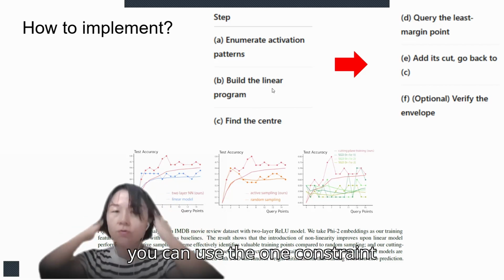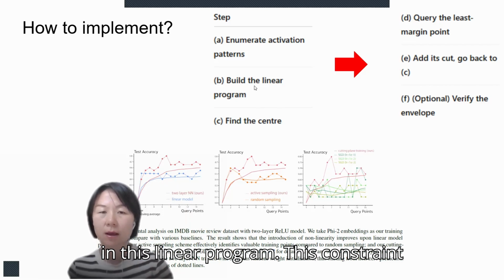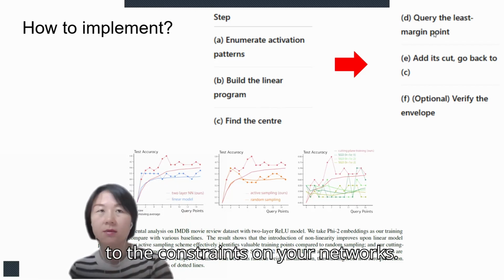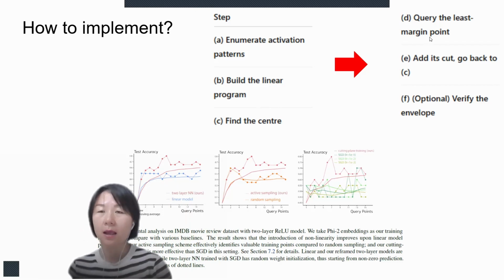You can then use the constraint in this linear program. This constraint can measure the margin of each unlabeled data point to the constraints of the neural network.